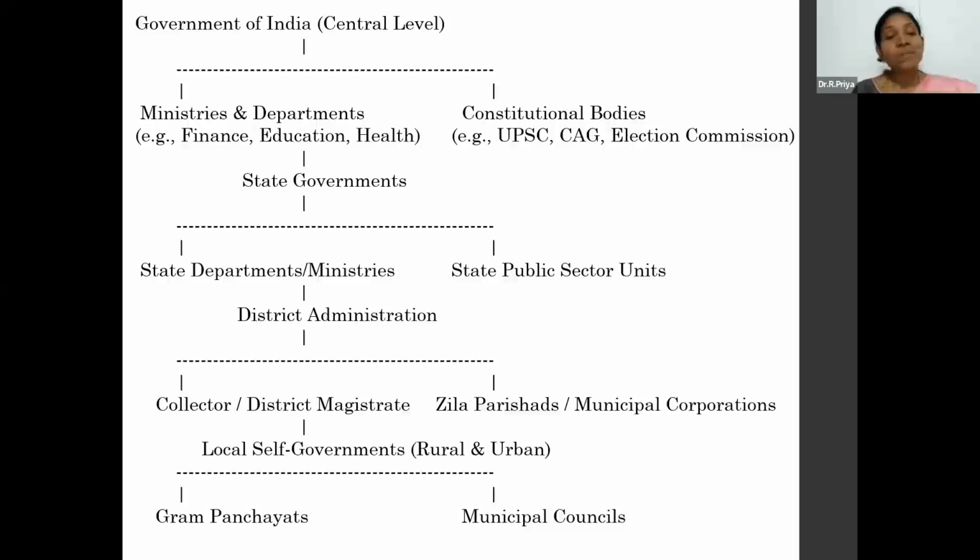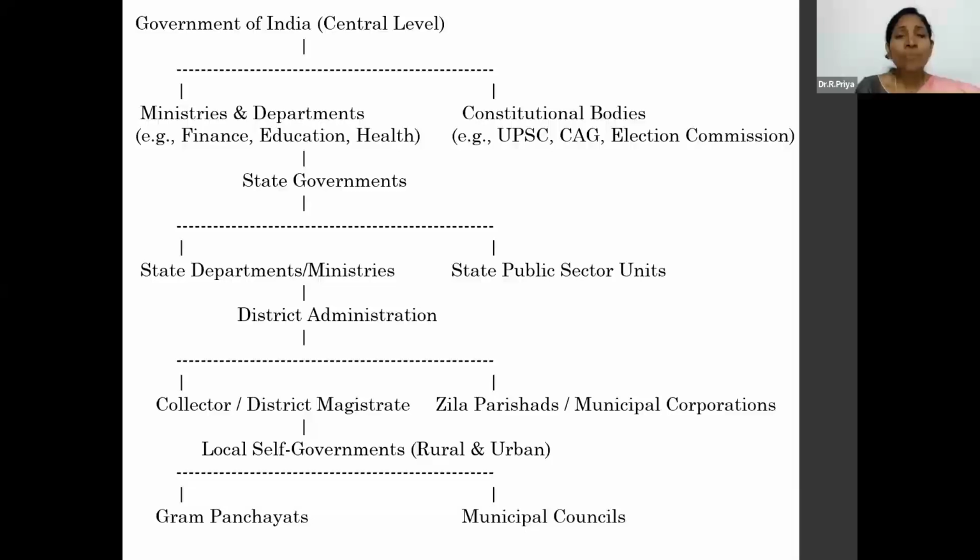Then district administrations led by district collectors handle law and order, magistrate duties, development and emergency response.